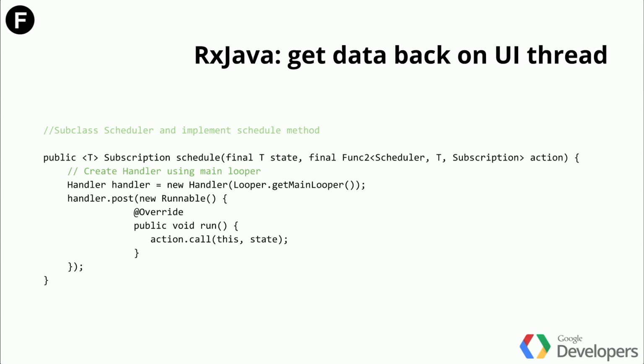That is a call to the Android API. So this is all mainly Android code, yes. And this will exist in the scheduler that you'll subclass. What this does is it tells RxJava to execute that action, the action.call line that we see there in the run method, which will deliver those results that are passed through onNext to the observer on the main UI thread.